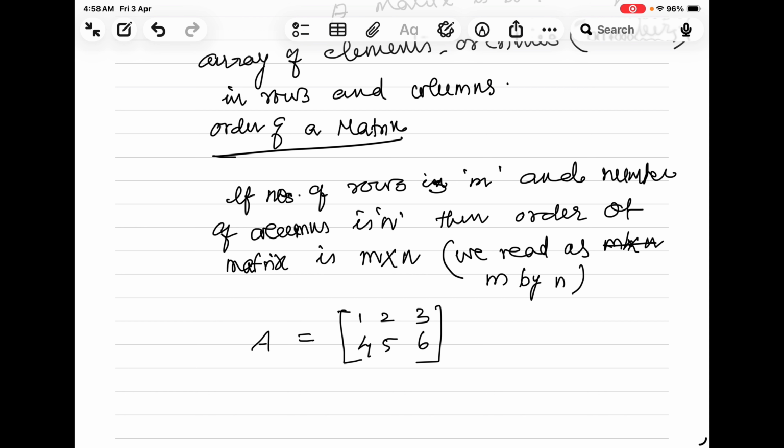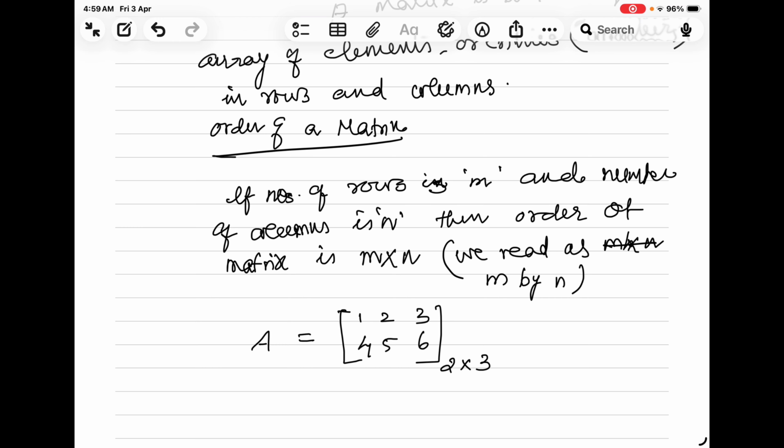This 1, 2, 3 is the first row and 4, 5, 6 is the second row. Columns are 1, 4; 2, 5; 3, 6. Here order is 2 rows and 3 columns. So 2 by 3. First write the number of rows and second the number of columns.